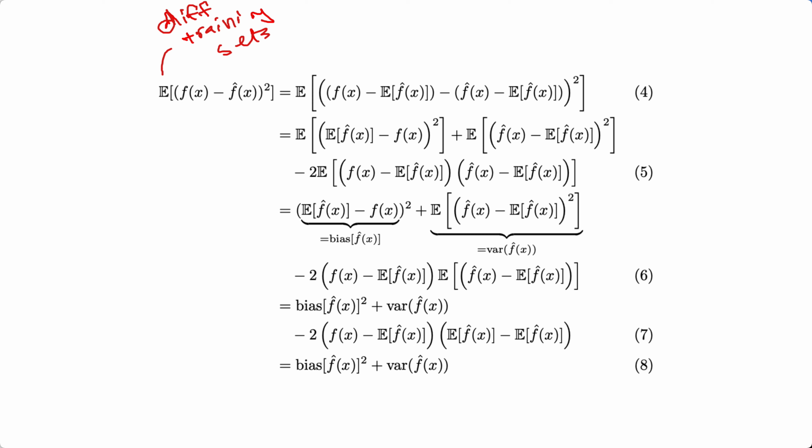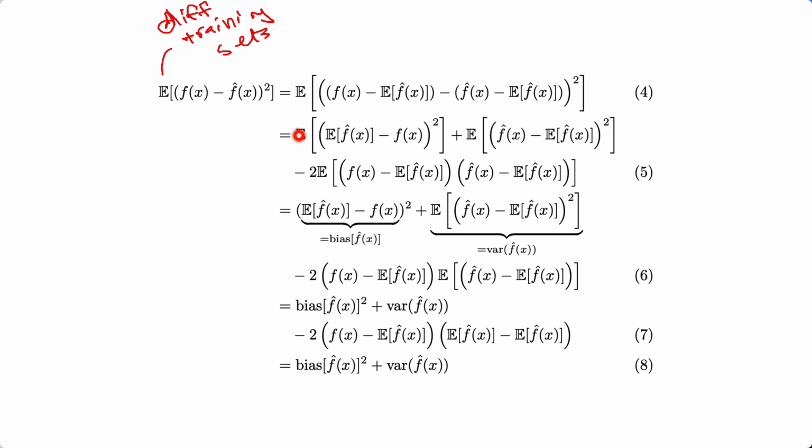Okay? So the manipulation we're making is we're adding and subtracting this expected value of the machine learning system's estimates on average across different training sets. So we can plug that in here where we put those terms in each of these two terms. We can do some expectation algebra using the rules before, where we can say the expected value over expected values, right?